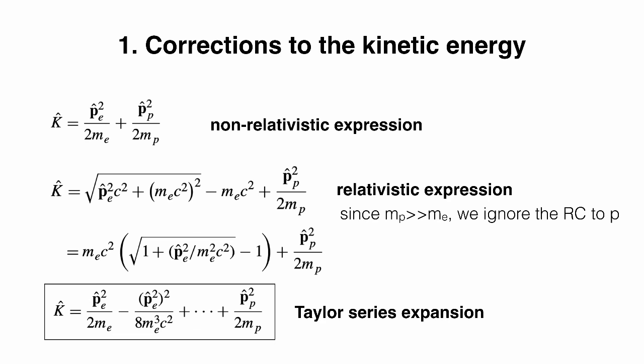But in any case, we find that there is a correction to the kinetic energy that we can apply due to the fact that the electron is almost relativistic, is relativistic.